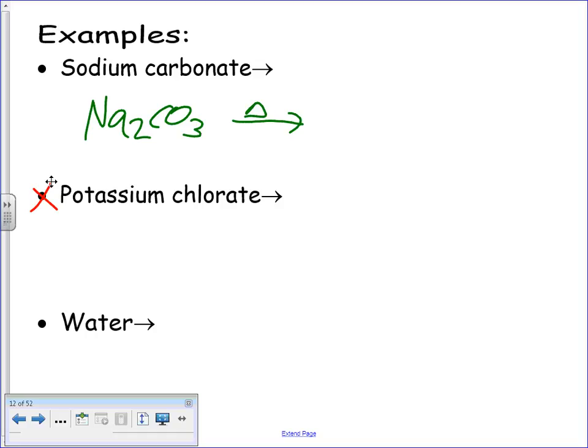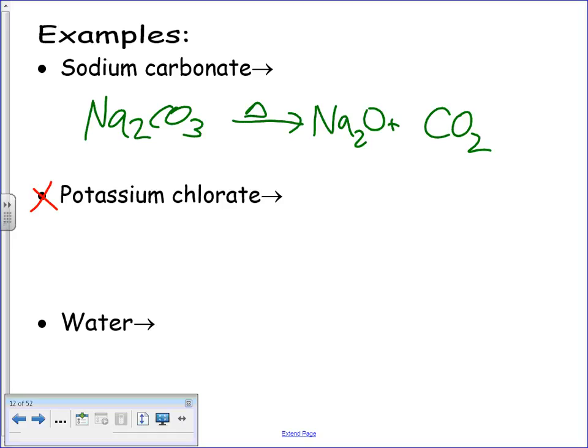Carbonates break down to carbon dioxide. So I'm going to go ahead and write the gas first. Carbonates, carbon dioxide. Okay? What are we missing? Na2O, thank you, Connor. So we're missing a sodium oxide. We're missing a metal oxide in the middle there. Okay, so balanced? Totally great.